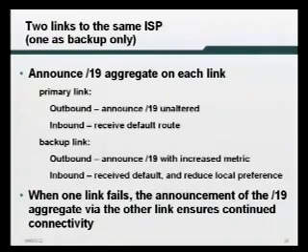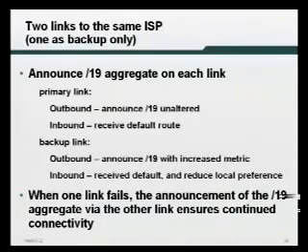What about inbound? Well, you receive the default route also on the backup link, but this time you reduce the local preference. Default local preference, again, depends on the implementation, could be 100. If you reduce the local preference, it means it's less important, so this becomes the actual backup.